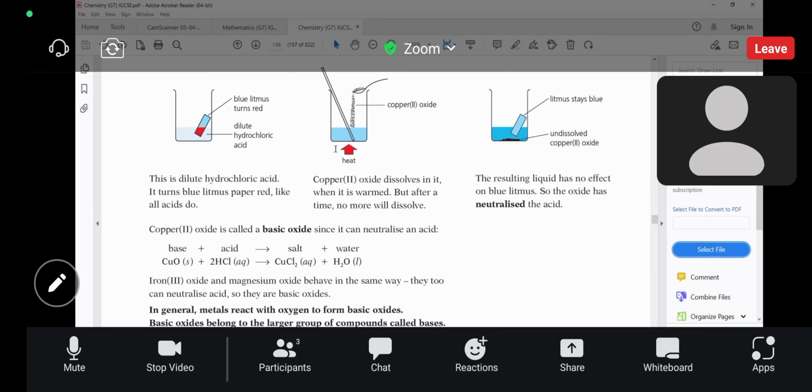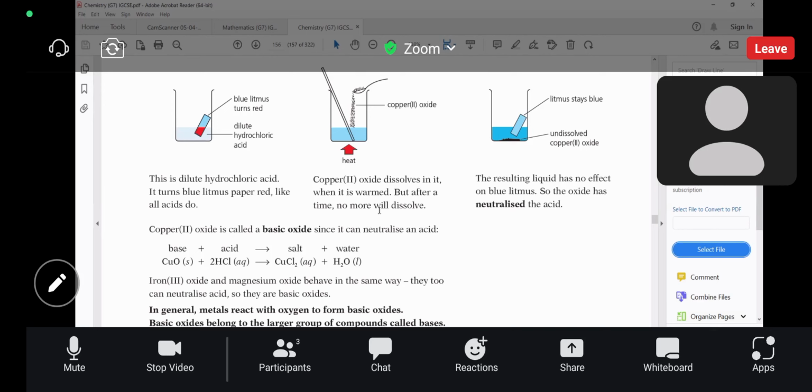This rod is used for stirring purposes, like when you are making tea, you stir the tea with a spoon. Again, here you can see copper 2 oxide dissolves in it when it is warm, but after a time no more will dissolve, like the case of sugar.